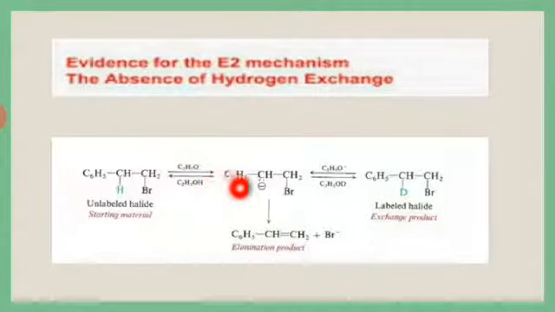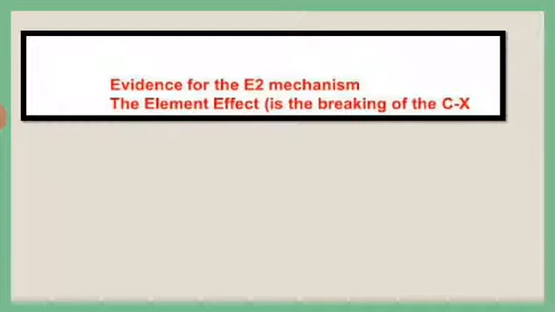Next, evidence of the E2 mechanism is the element effect. The element effect is the breaking of the carbon-halogen bond. So what do we mean by a large element effect? Let us look at the reaction mechanism.